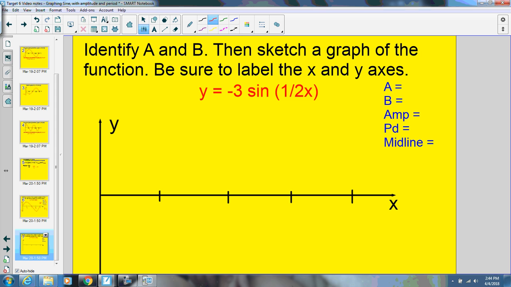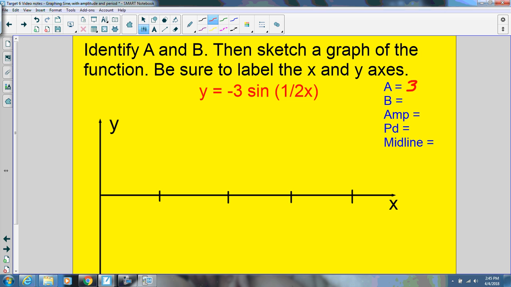Let's do one more. Here the a value is 3. We're not going to say it's -3; that negative is just going to reflect us over the x-axis. The b value here is 1/2. The amplitude is 3. It's always going to be the same as the a value. For the period, we take 2 pi and divide it by the b value of 1/2.